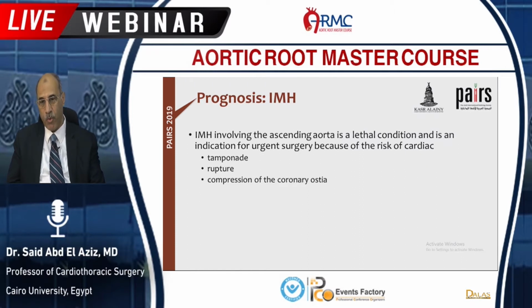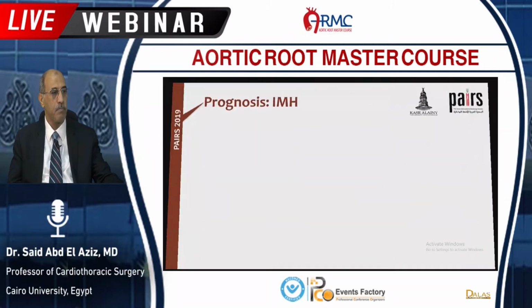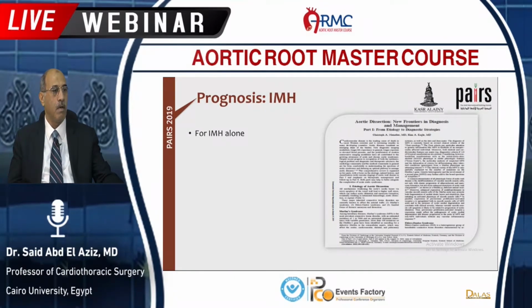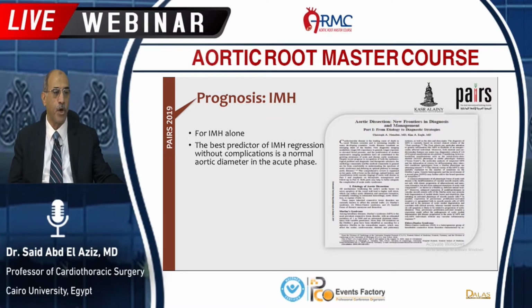And usually we treat the intramural hematoma involving the ascending aorta as a type A dissection that needs to be operated upon as soon as possible. For intramural hematoma alone, the best predictor for regression without complications is a normal aortic diameter. If we have a patient with an intramural hematoma and the aortic diameter is not enlarged, this is a good prediction.